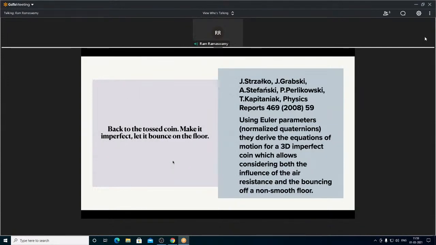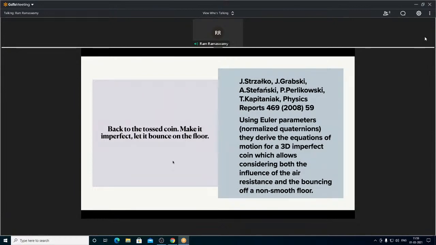We use the coin for the game of chance. So let's go back to the tossed coin. And in addition to tossing it and giving it spin, we allow it to be imperfect, because that's what our world is like, and we let it bounce on the floor. Okay, so by imperfect, we make it have embossing on one side, which says heads, which allows air resistance, etc. And then we have tails, which maybe has a different air resistance.